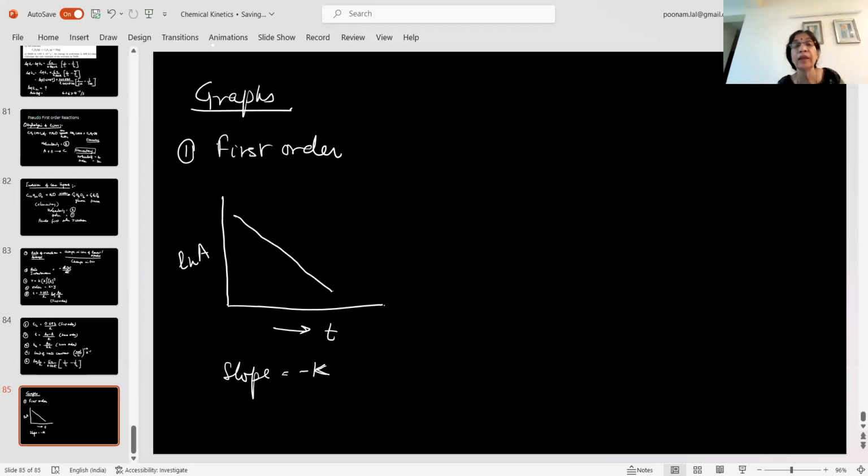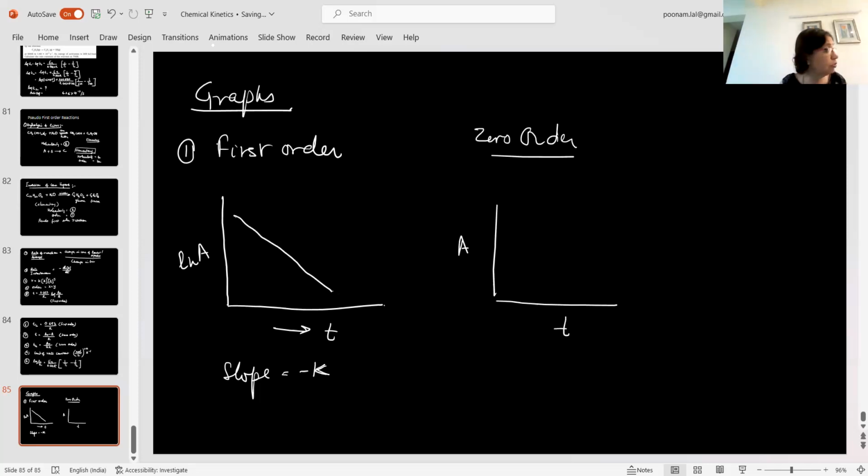This is first order. And for zero order reaction, it's a similar graph between t and A. If I draw the same graph between t and A, this will be a negative slope, and here also the slope will be equal to minus k.